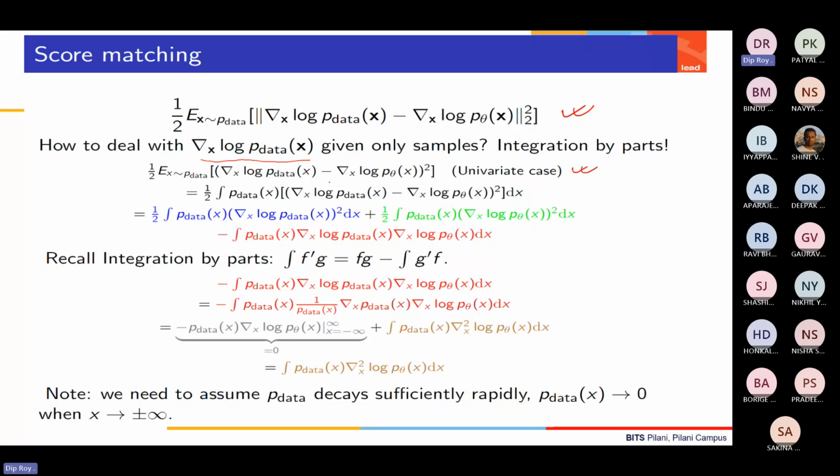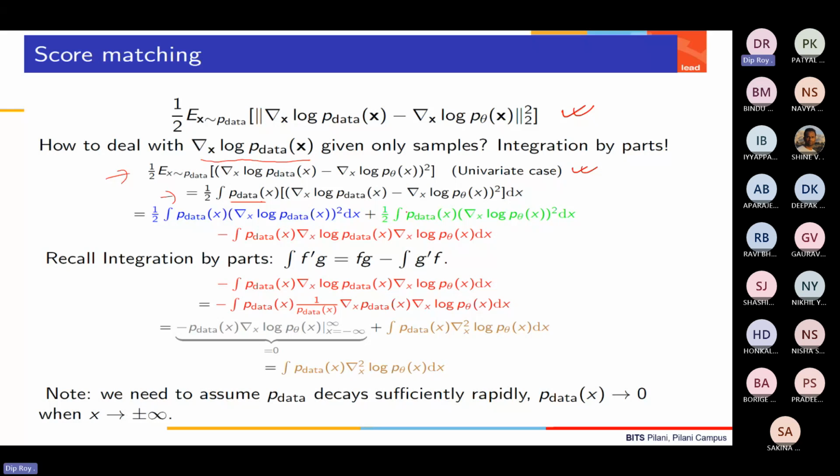And now here the derivation has been done. So you have taken the functional form of this, and all the expectations have been expanded like this. All right. The expectation has been expanded here, the integral of p data x. And now the entire expression has been expanded, and we have three parts to it.